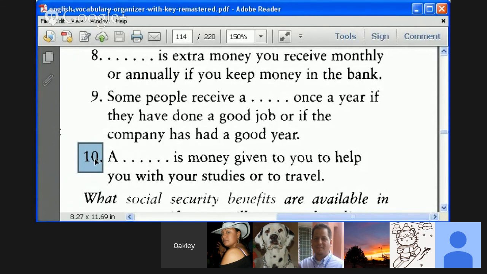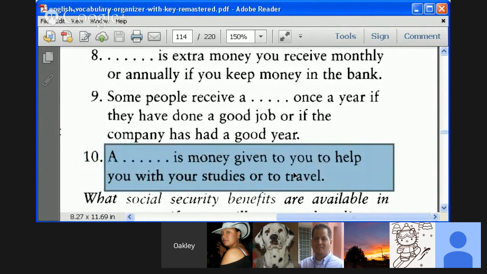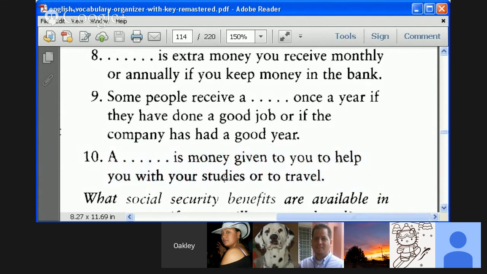Okay. Well, true enough. Possibly. All right. Last one here. Number 10, grant. A grant is money given to you to help you with your studies or to travel. Yeah, a grant. As I said, college grants or research grants.